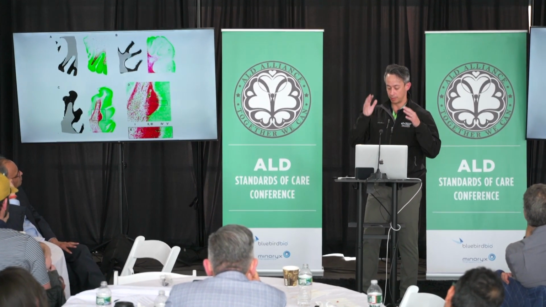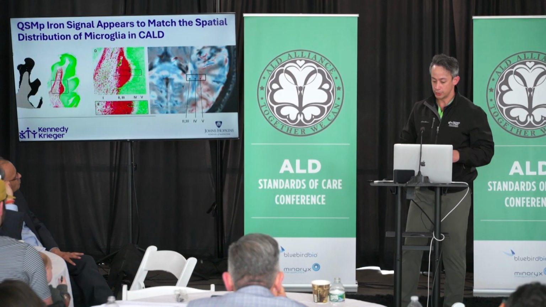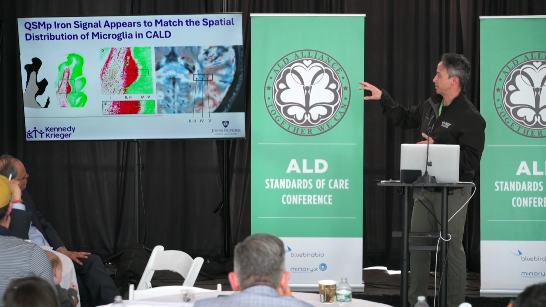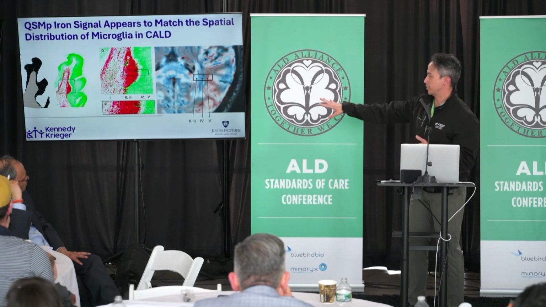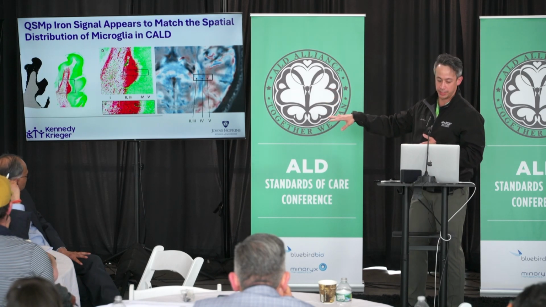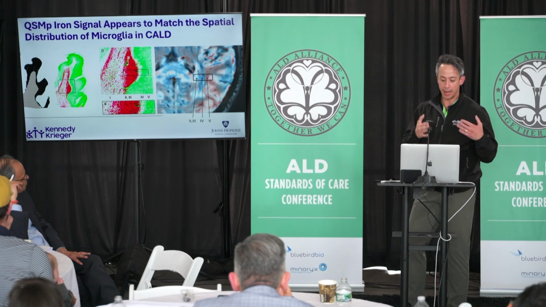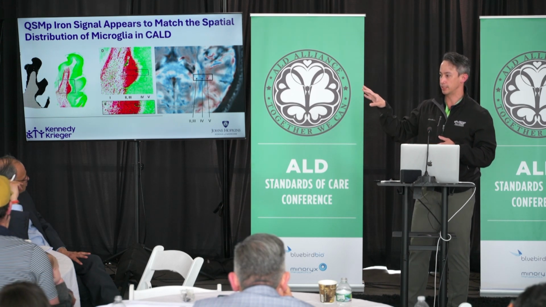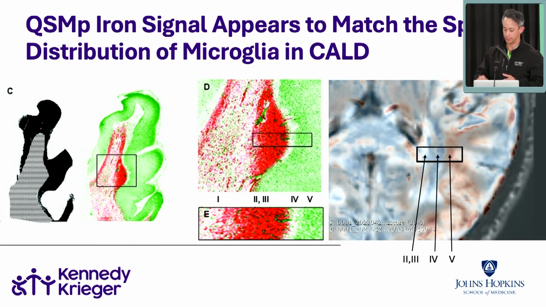And then in the center are our blood-borne macrophages. So if I put these side by side, the spatial distribution of the signal, I think, matches what we know about the pathology. And it appears that the iron signal matches the spatial distribution of microglia in cerebral ALD.